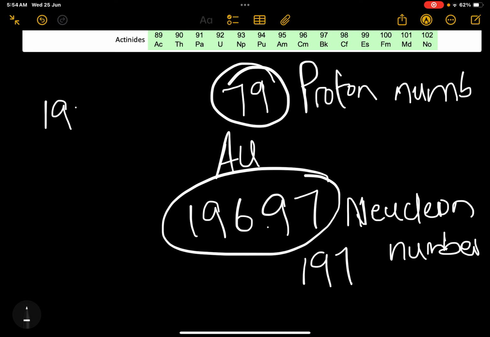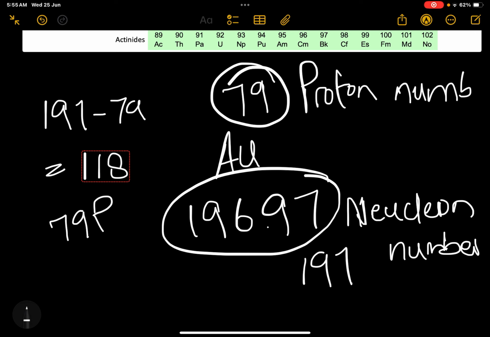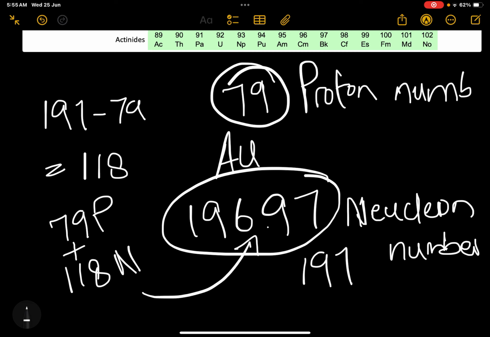What does this give you? This gives you 118. We have 79 protons and 118 neutrons, and adding these two gives you this number over here.